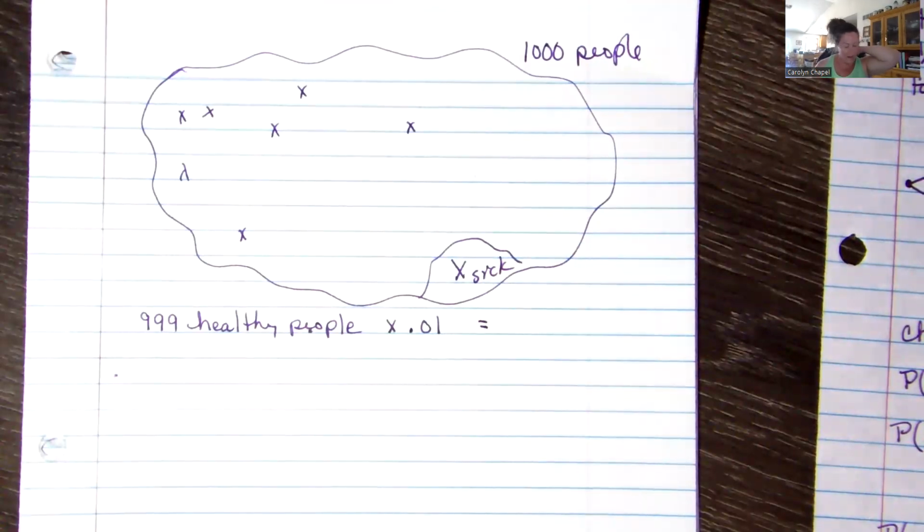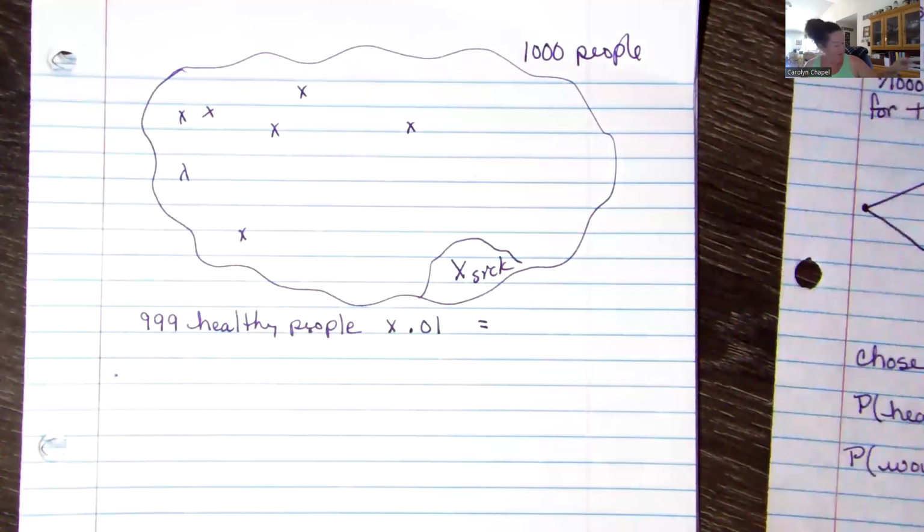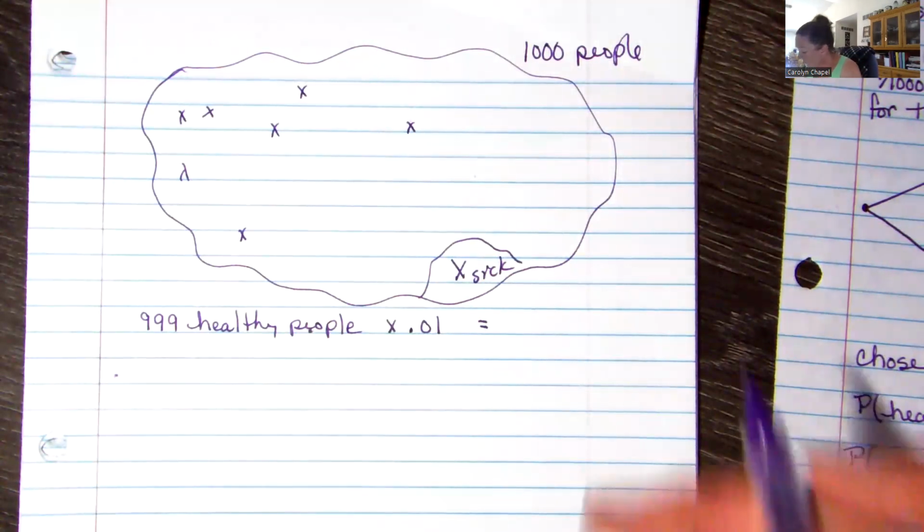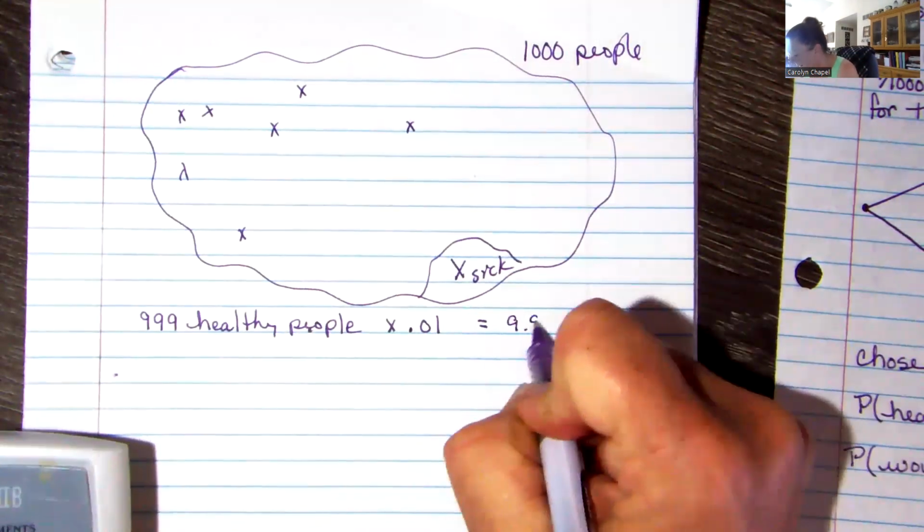We will see that they will get, I'm going to take that 999 and multiply that by 0.01, and we're going to get roughly 9.99.